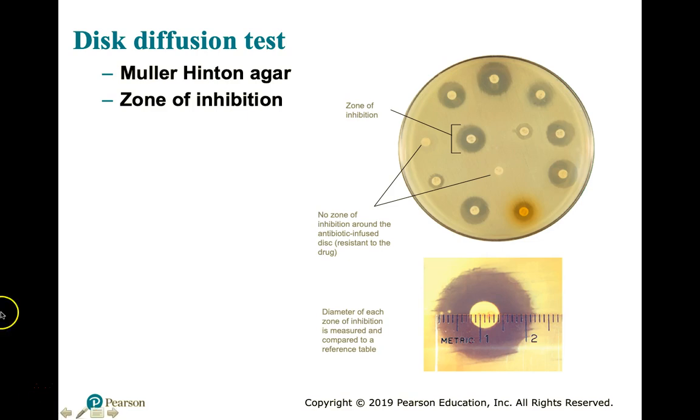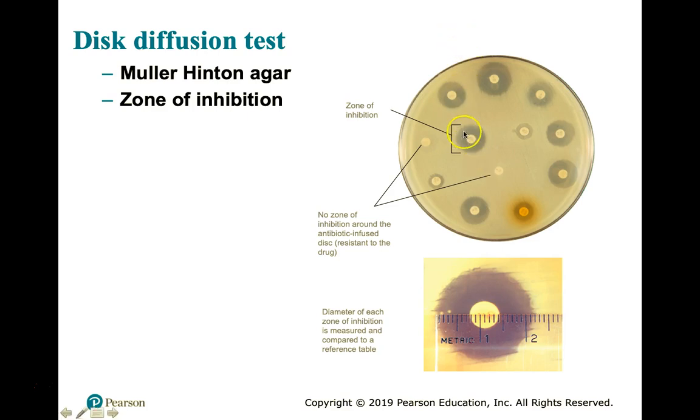Again, we use Mueller-Hinton agar in this case, and we look for a zone of inhibition. The zone of inhibition is the area that spans outside the disc where you see no growth. So here's the disc, all the way to here, all the way to there, and everything around that. That's your zone of inhibition. It is inhibiting bacteria from growing.